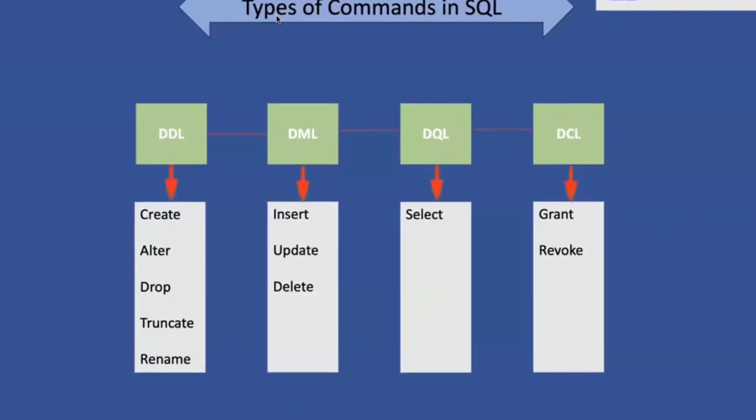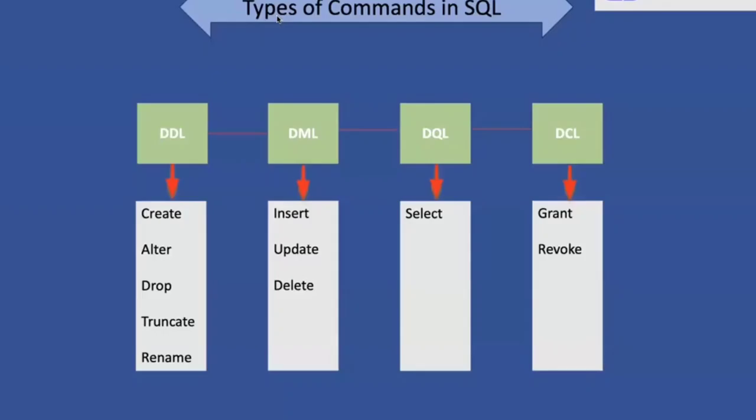For that, we have a grant command in SQL. Based on this grant command, I can define what kind of permission this user will have. Either he can run the select command, alter command, drop command, truncate command, delete command, insert command, whatever. What kind of actions can this particular user perform. So in order to handle these types of permissions, we can use the grant command.